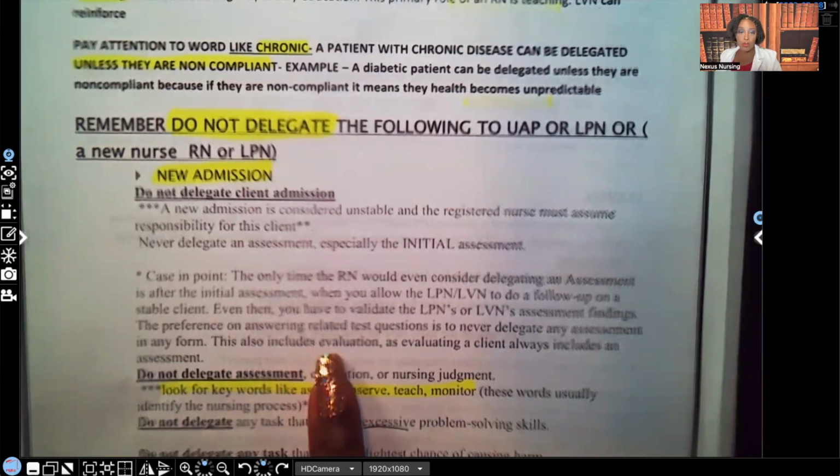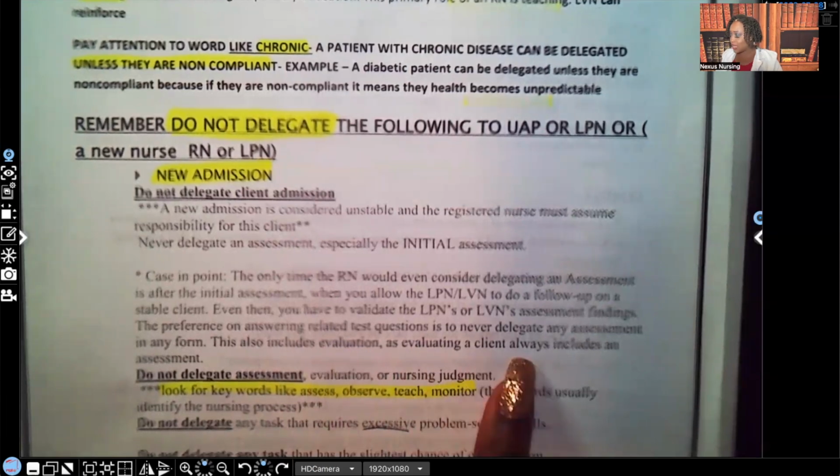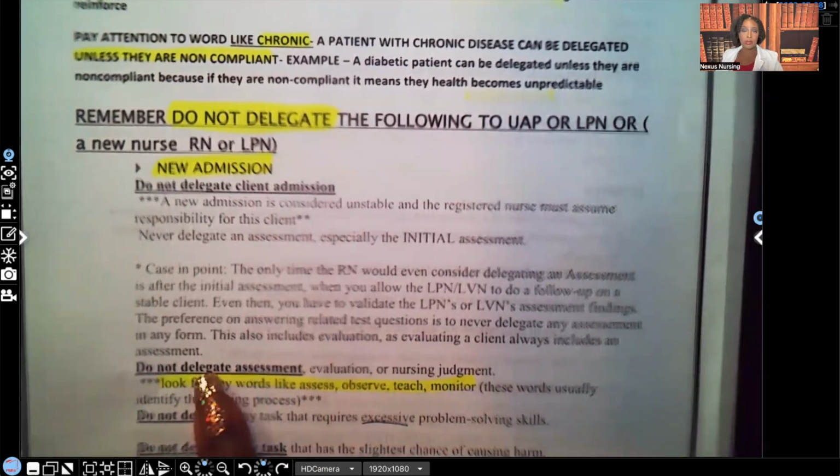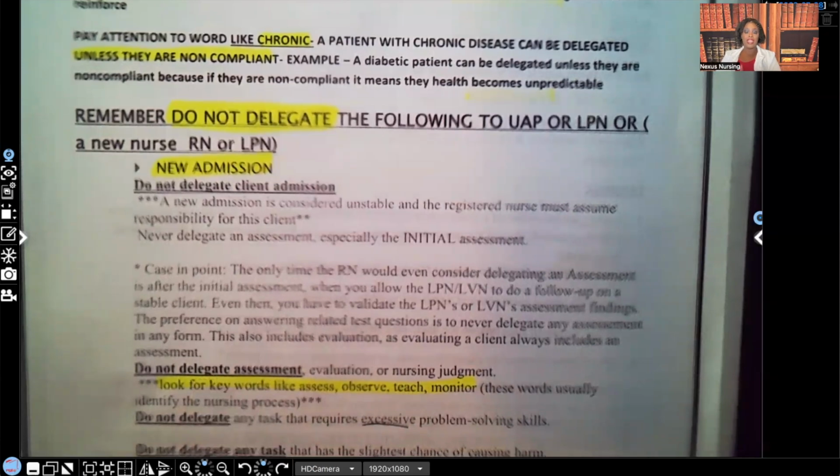This also includes evaluation. So, all right, I did my nursing intervention. Now I got to see if it worked. The RN has to do that, as evaluating a client always includes an assessment. Do not delegate anything you can eat: evaluate, assess, or teach. Those three, you, the RN, have to keep.